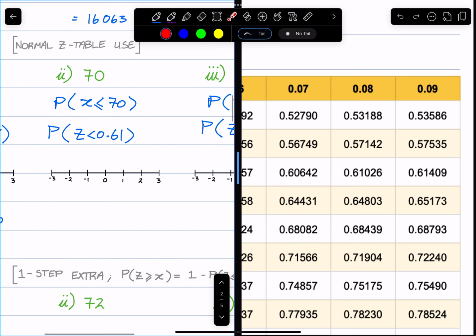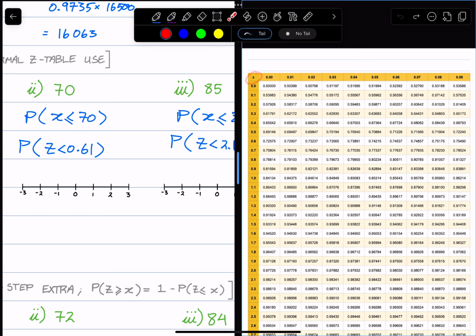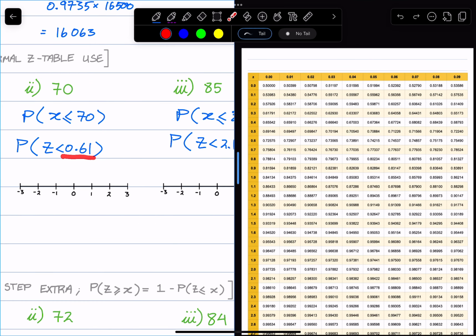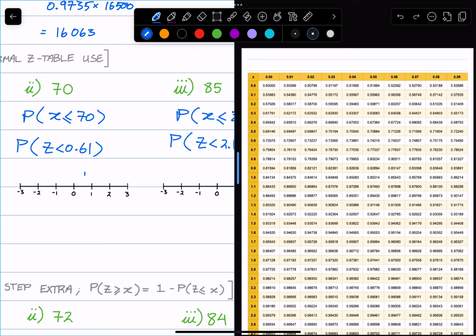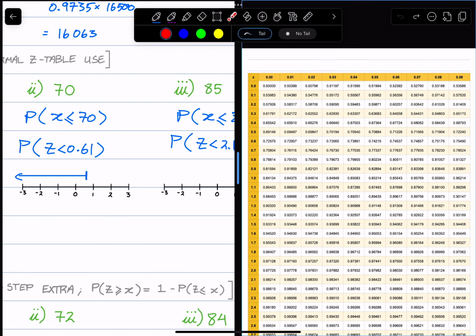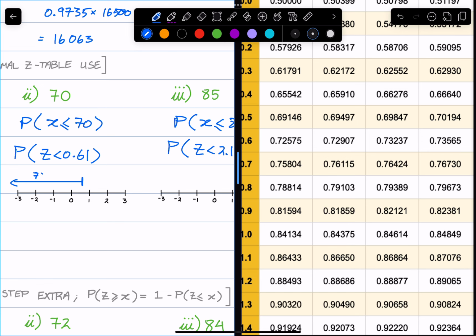You can try this yourself as well. So here we go. It's saying the percentage of Z-scores, so this is now a Z-score table, below 0.61. So 0.61 is approximately here. According to our table, 0.61 is 72.907%.